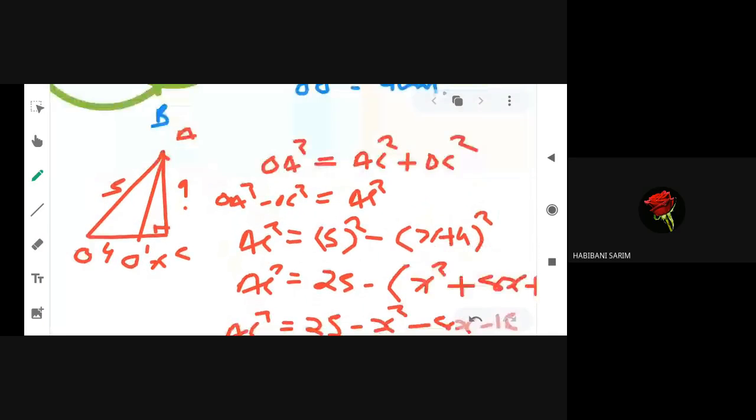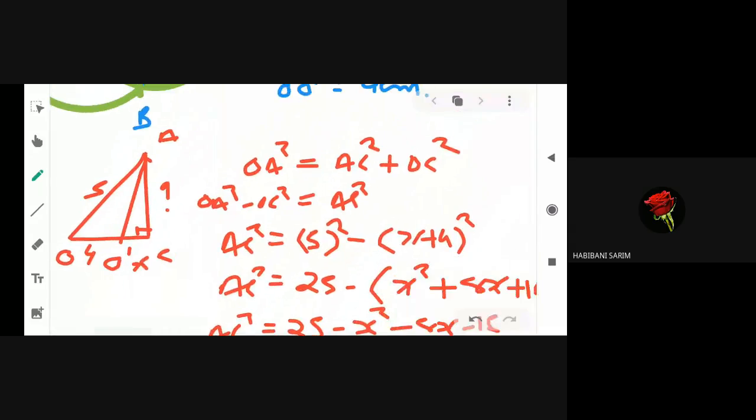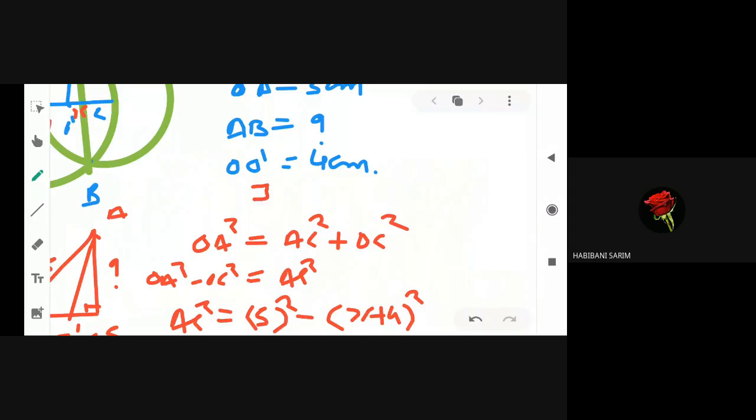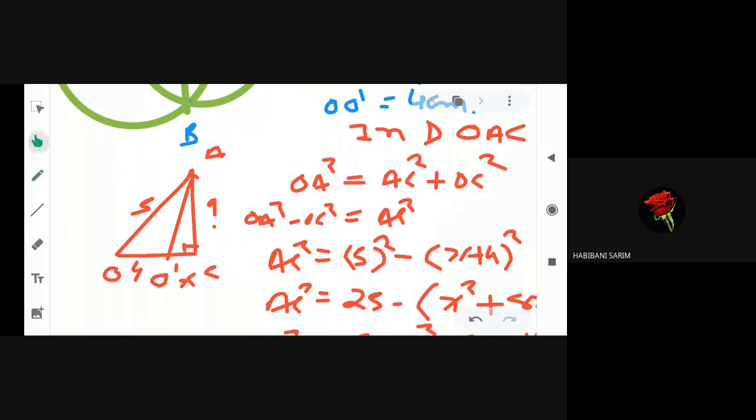Now again you consider, okay, one minute, I am writing here: in triangle O prime CA. Now again please consider this small triangle, O prime C A, in which O prime A is the radius of the smaller circle and it is 3 centimeter, given.